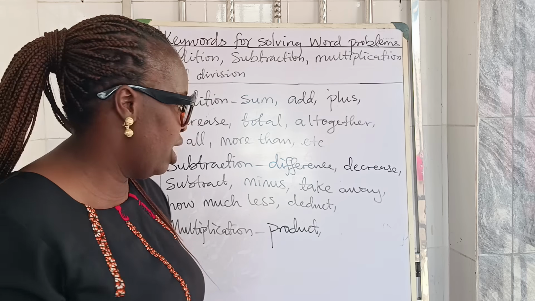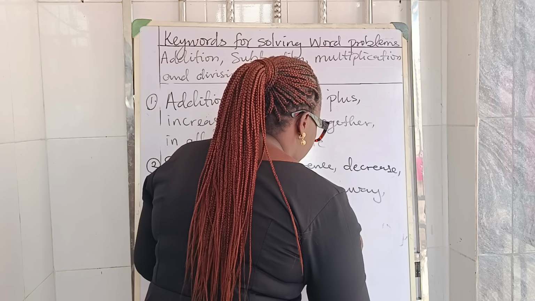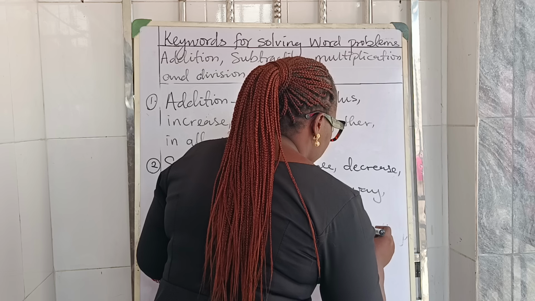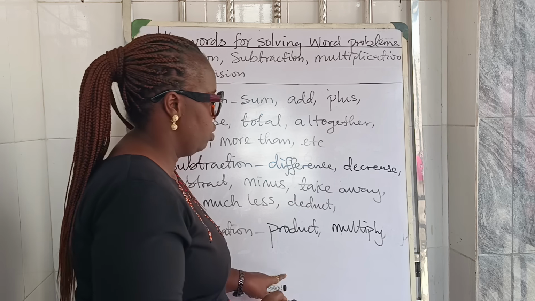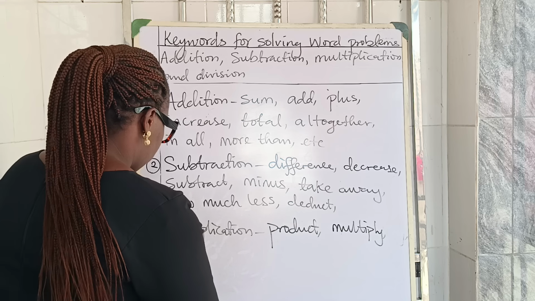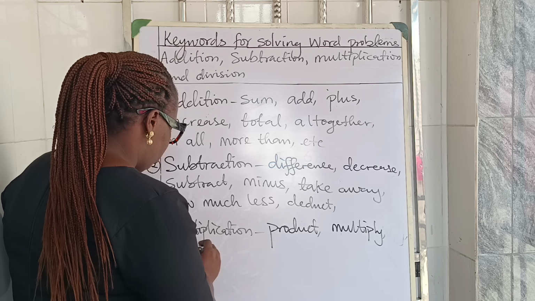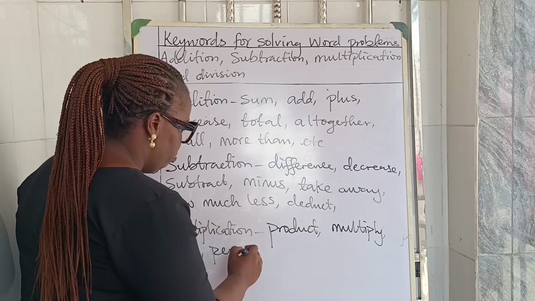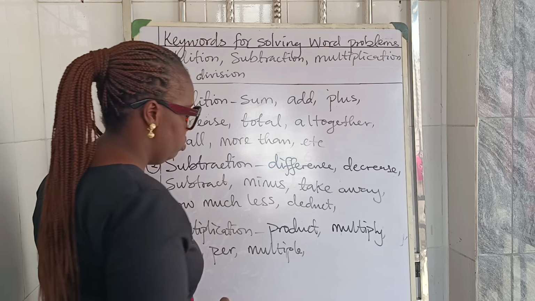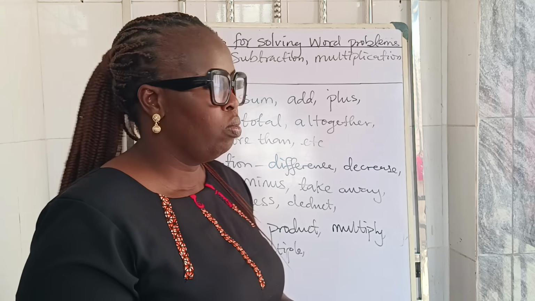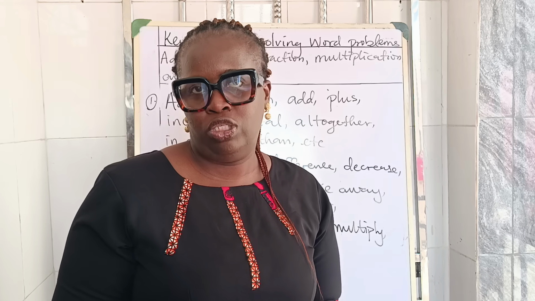From product, you can also have multiply as a keyword for multiplication. We can also have rate, per, multiple. They are all keywords for multiplication.